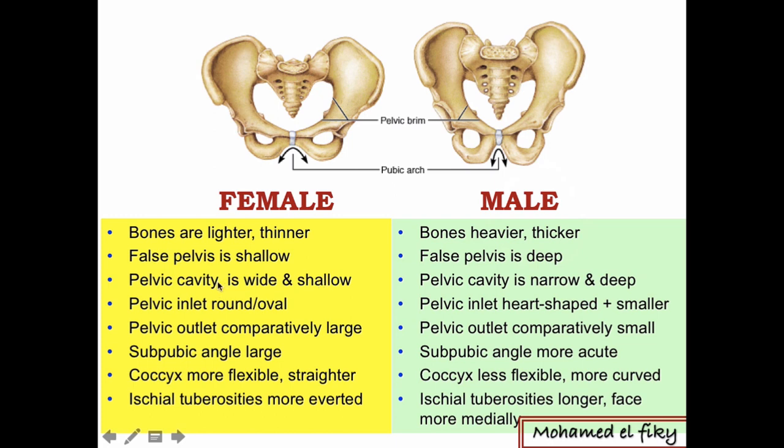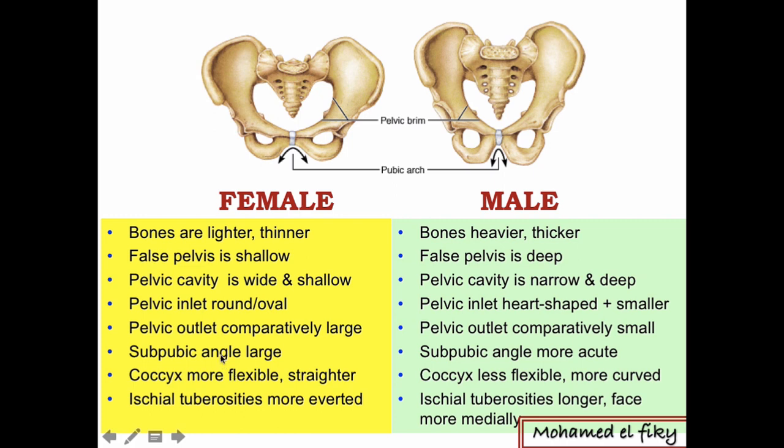So the typical characters of the female pelvis are that it must be wide and shallow. The pelvic outlet also must be large in the female pelvis, but the pelvic outlet is small in the male pelvis.